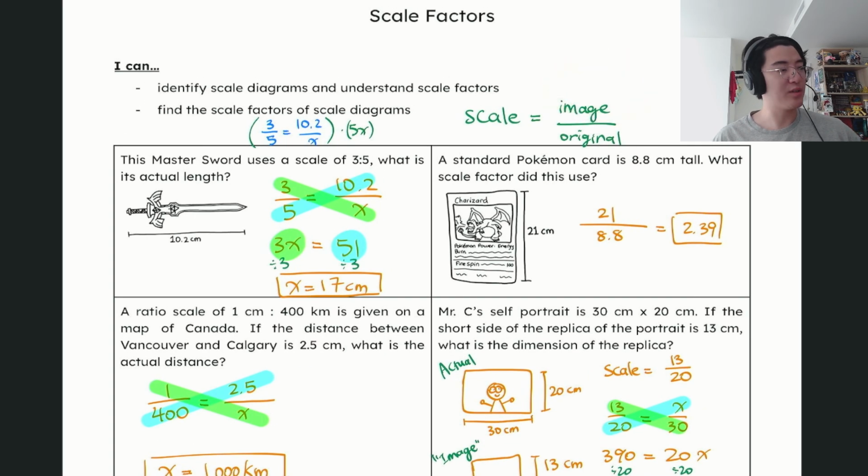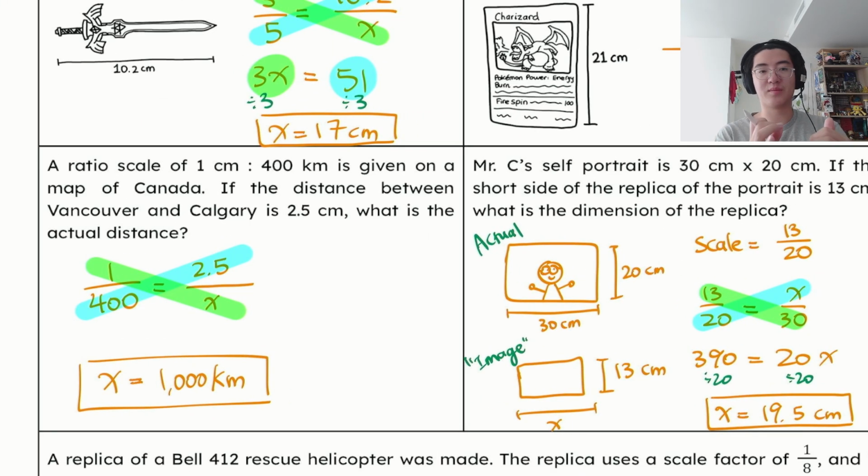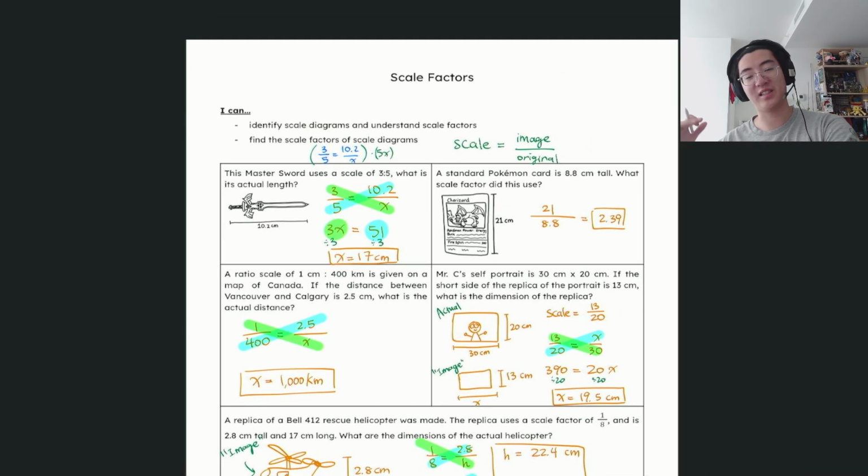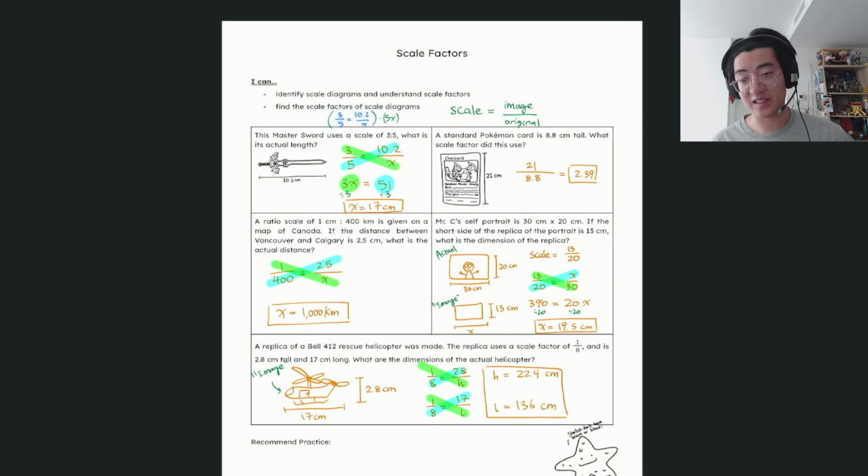We mostly use it on maps, for example, where something's smaller on the paper and we have to scale it down. But it can work for anything. It can work for replicas as well. As long as we identify what's the original thing and what's the thing we're trying to scale off of, that's pretty much the main idea of this lesson. But with that being said, that's it. So, good luck practicing.